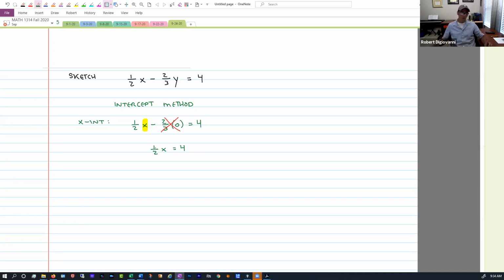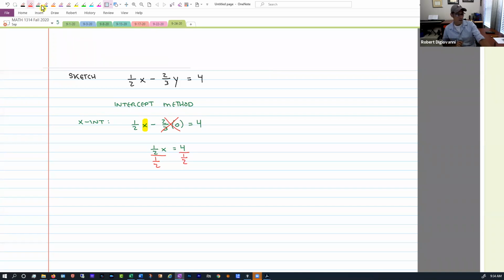Who would divide by 1/2 here? Yeah, I see you raising your hand. So let's divide by 1/2. If we divide both sides by 1/2, we take the x and divide it by 1/2, and we take the 4 and divide it by 1/2 also.